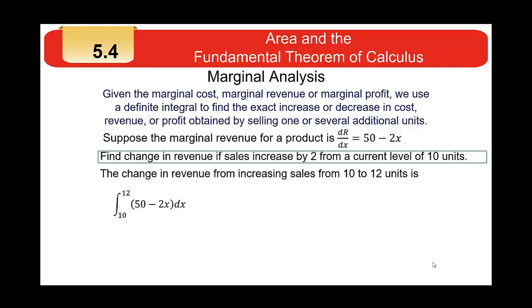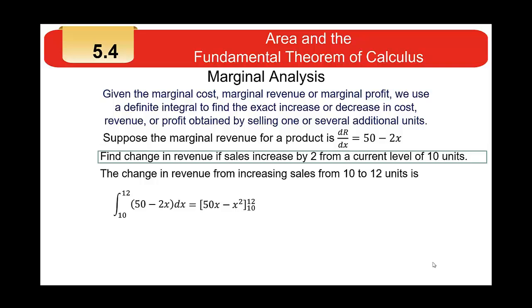It's not always that simple, but for these problems we're going to keep it fairly simple, and in this example I made it especially simple. But in any case, the antiderivative, or the integral of 50, is 50x, and the antiderivative or integral of 2x is x squared, and there's a minus sign between them, and we're going to evaluate it from 10 to 12.